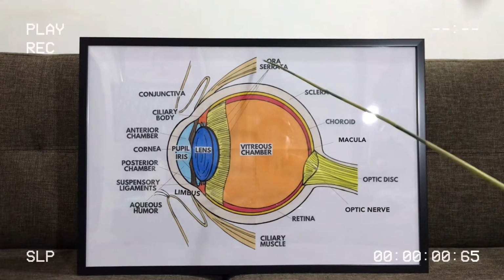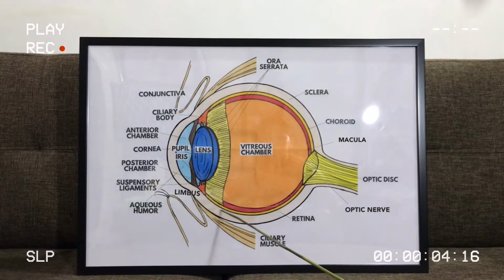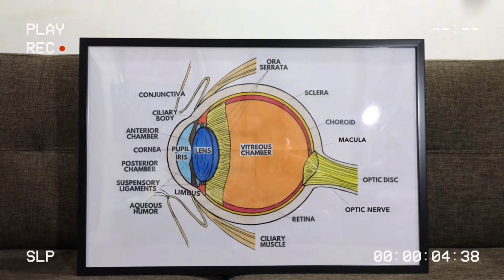Next, we have the extraocular muscles. There are 6 extraocular muscles, namely superior rectus, inferior rectus, lateral rectus, medial rectus, superior oblique, and inferior oblique.